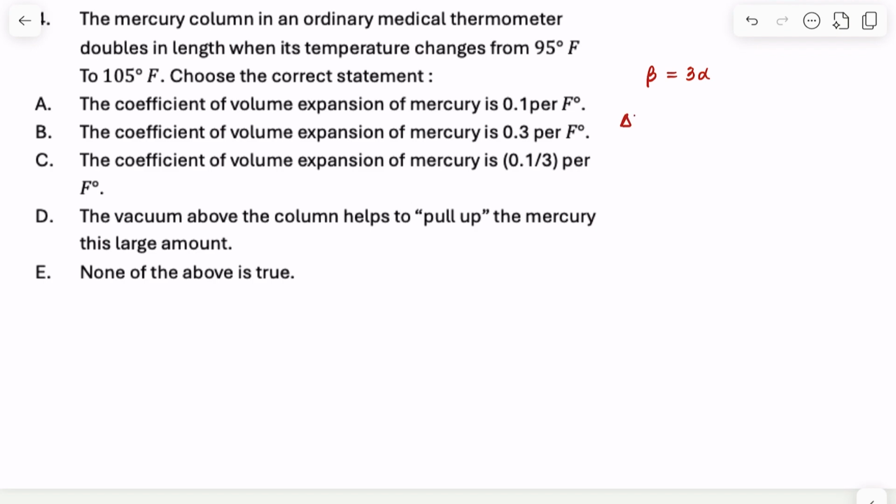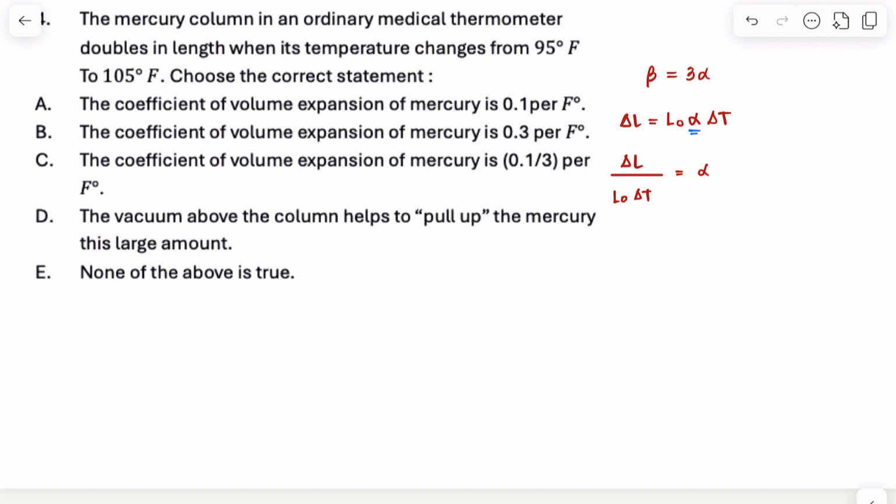Now, delta L, if you can recall, the change in length, is equal to the initial length times the coefficient of linear expansion times delta T. So if I'm going to look for an expression for alpha, I'm simply going to divide both sides by L naught delta T. So delta L over L naught delta T will give me alpha.